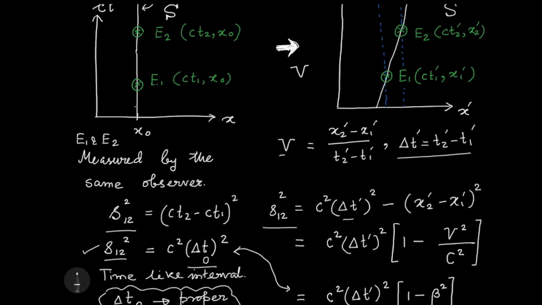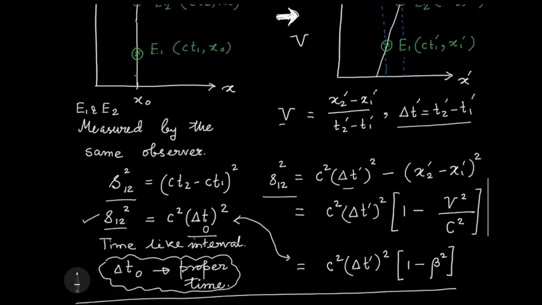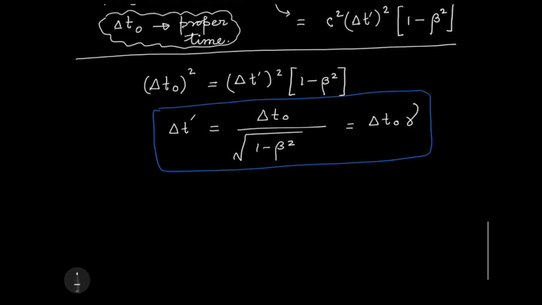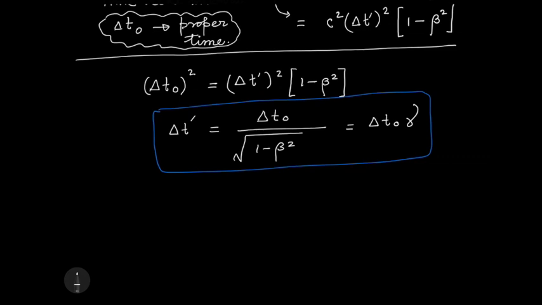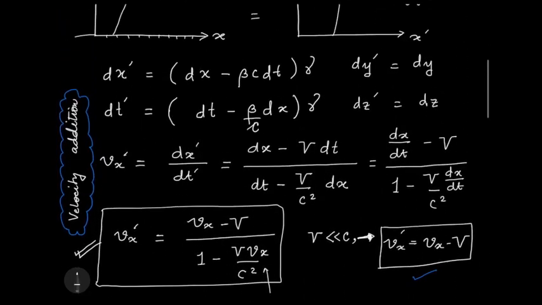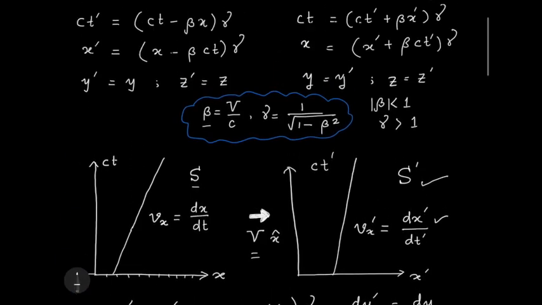So it's the birth and the death measured in my own reference frame, sometimes also called the rest frame. So delta t0 is the proper time, which is measured in my rest frame. If anybody else sees me moving with a constant velocity v, my lifetime measured by that person will be different, and that will be different by a factor of gamma. You will measure the lifetime to be larger, because remember that gamma is always greater than 1.